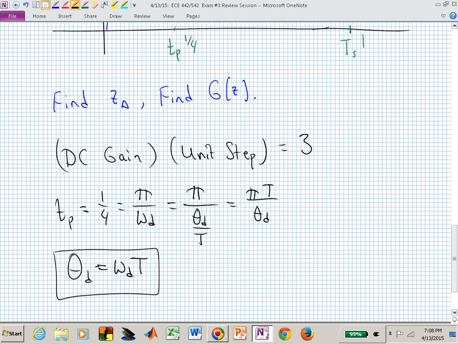And now you can solve for theta sub d if you're given capital T, the sampling period, because you know that pi T over theta sub d is 1/4, and theta sub d now is in radians.